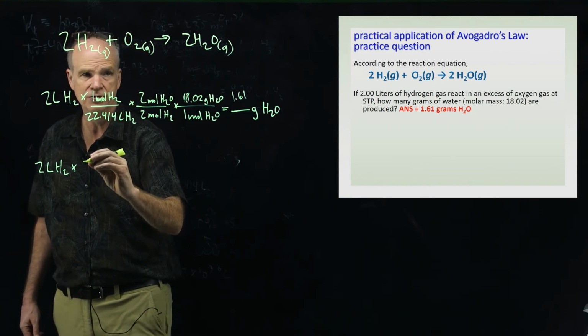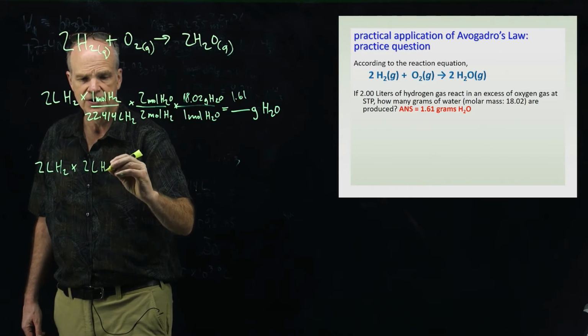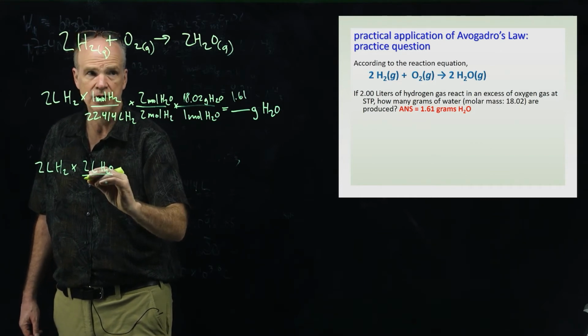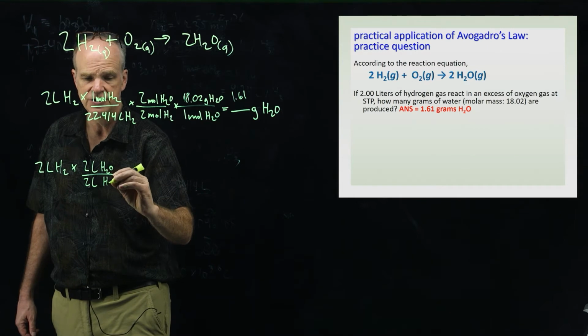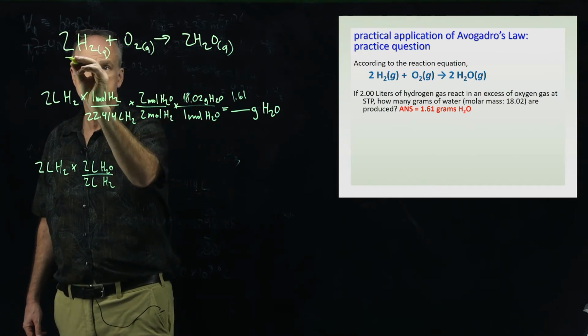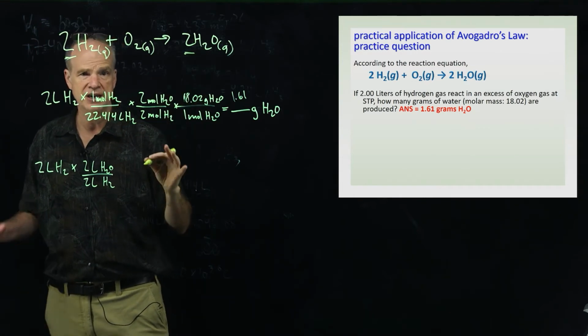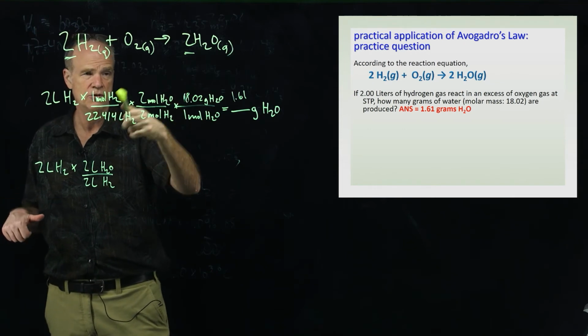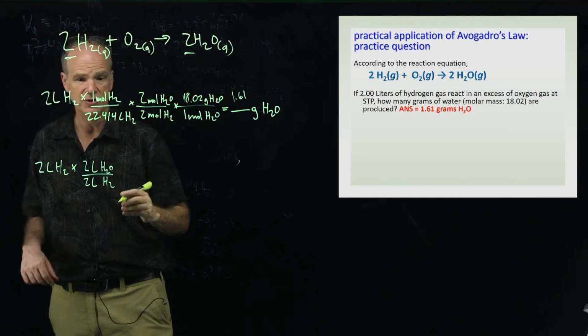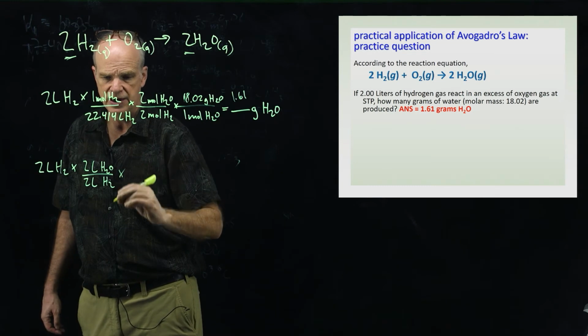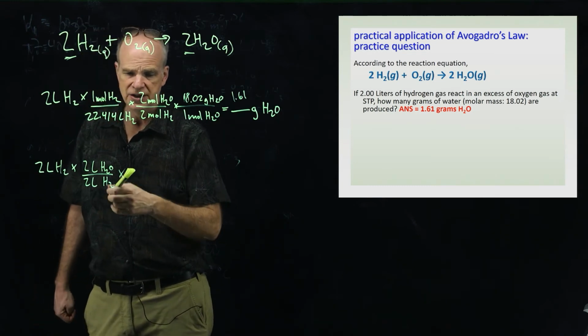It would be 2 liters of water over 2 liters of hydrogen. And again, the ratio here is 2 to 2. So again, these coefficients not only apply to moles, but to volumes. Then you're going to have to get this into moles of water.